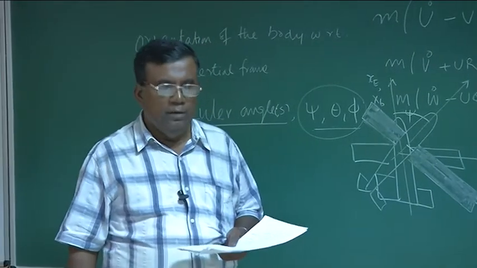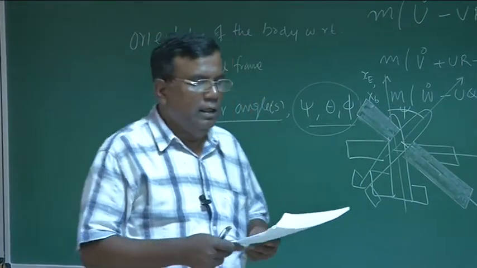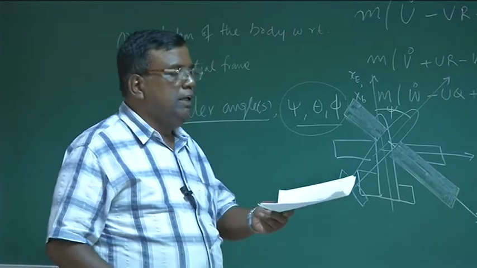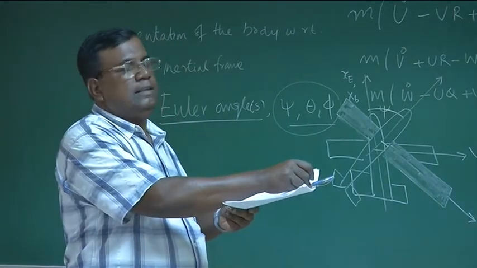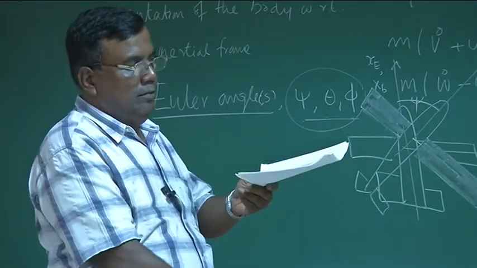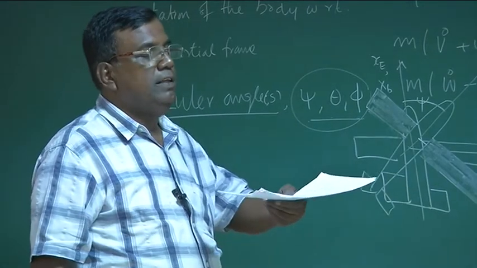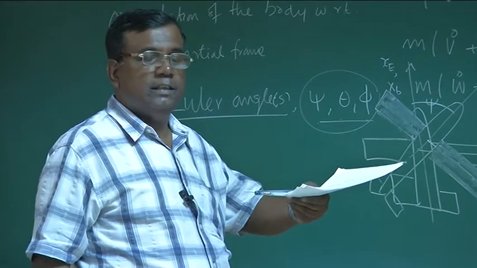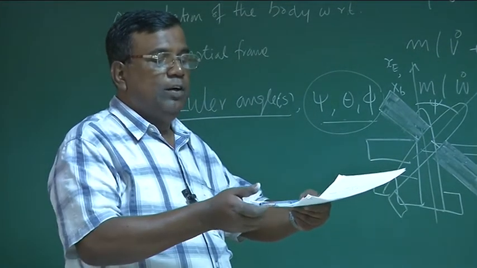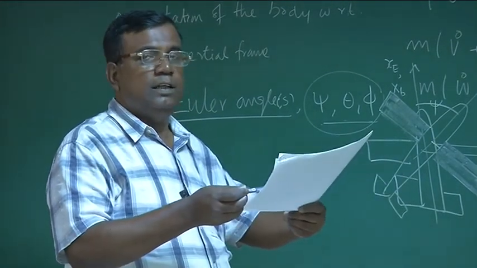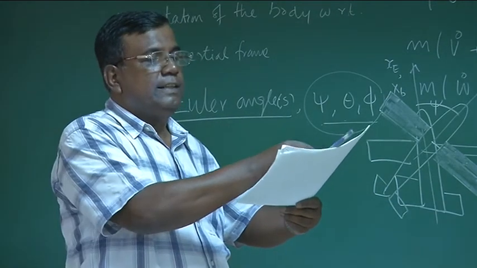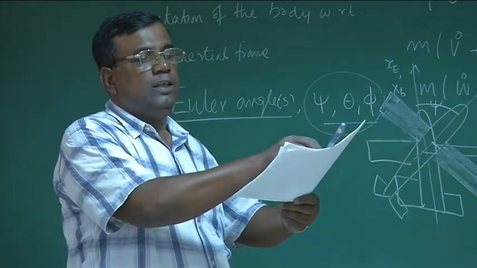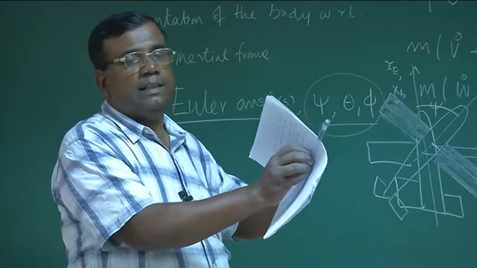Let us understand physically what the Euler angles are. Assume that this is the airplane, this is the x-axis of the airplane, and this is the z of the inertial frame. So I rotate it by psi. The moment I do that, the y-axis becomes like this. Theta is rotation about this axis. Now this is the x body axis, so phi is about this axis.